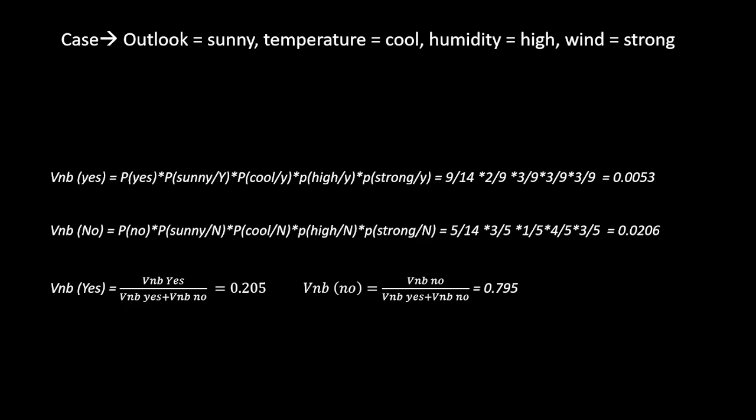So 80 percent is almost showing that with this combination the outcome is likely to be negative. So this is how Naive Bayes can help you understand these techniques.